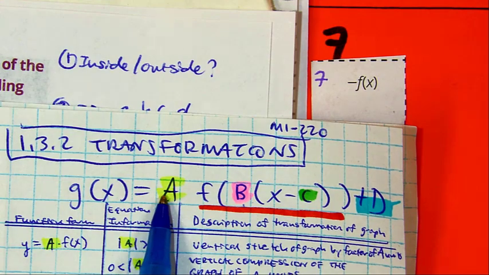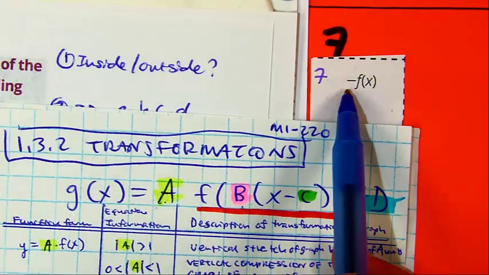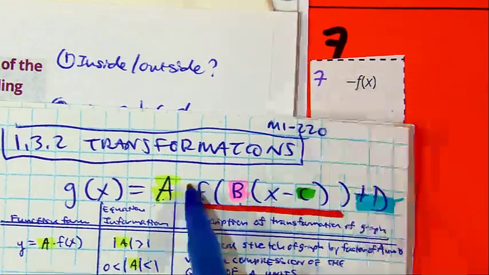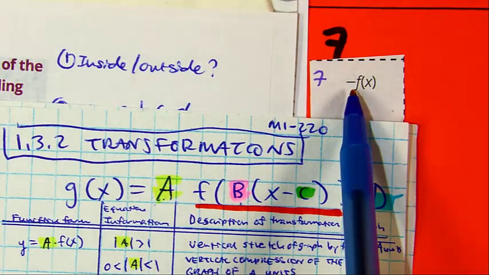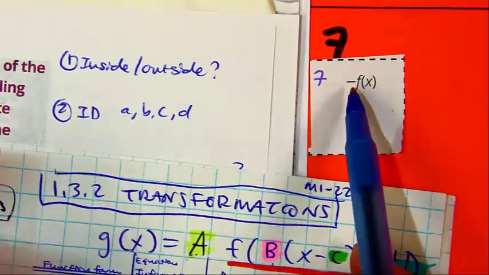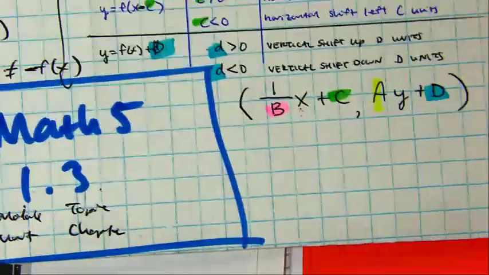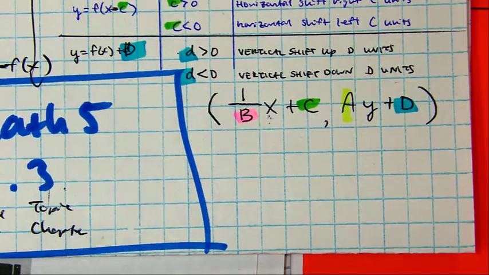Positive? I'm positive. Well, Mr. Stewart, A is negative, so negative is my A value. That's on the outside. Okay? Put your finger on the formula sheet. Tell your partner, does the A value affect the X or the Y?